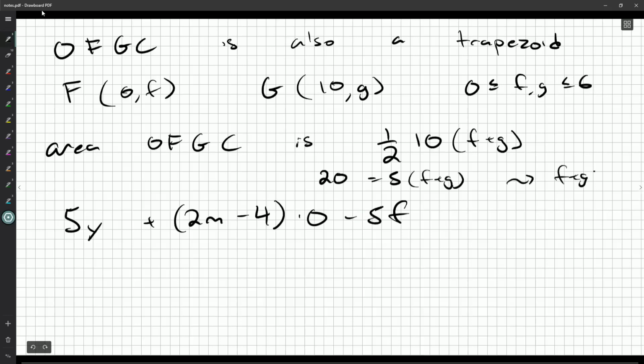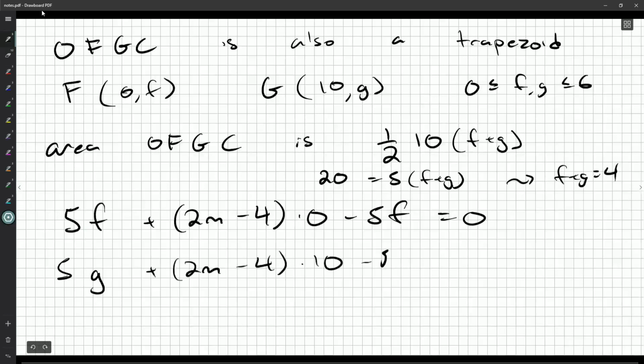We need f plus g to be equal to 4. Okay. So that's got to be equal to 0. What's our other one? So we get f here. We get g here. Minus 5f is equal to 0.